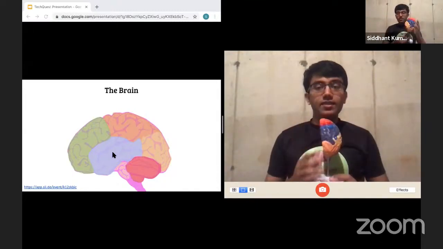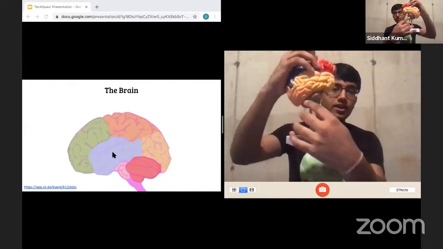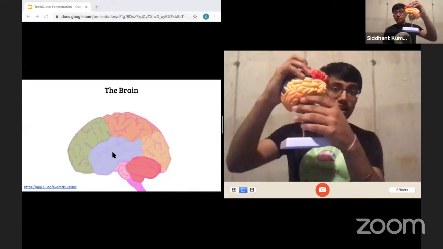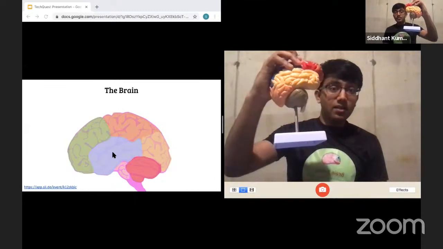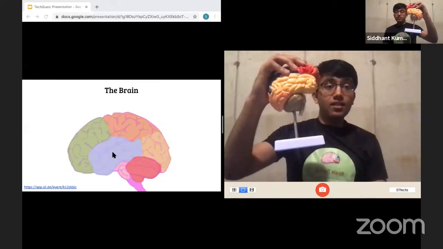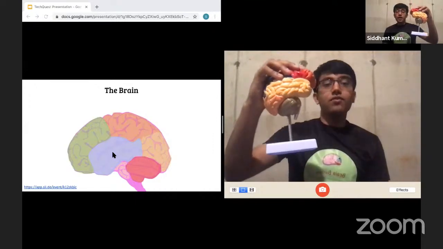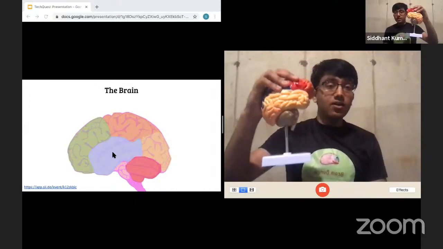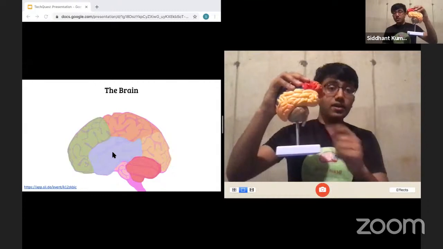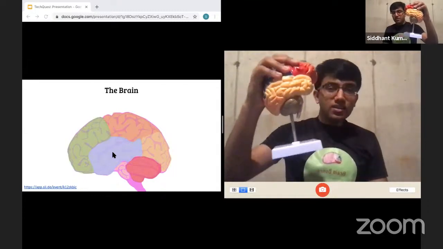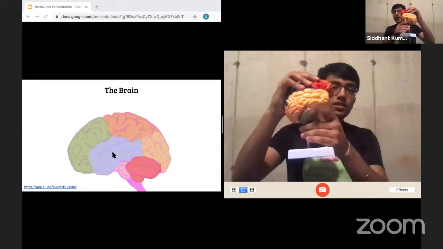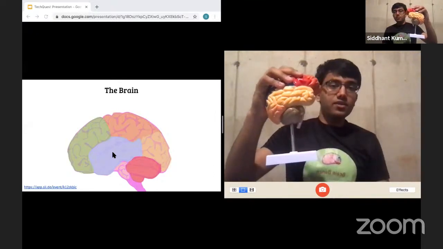And then at the bottom here, this grayish part is called the mini brain, or cerebellum. This allows us to balance ourselves, to move. So if we play a sport like basketball, or if we jump and need to land back on our feet, this is the part that allows us to do that. What do you think would happen if this part got damaged? If we jumped up, what would happen?